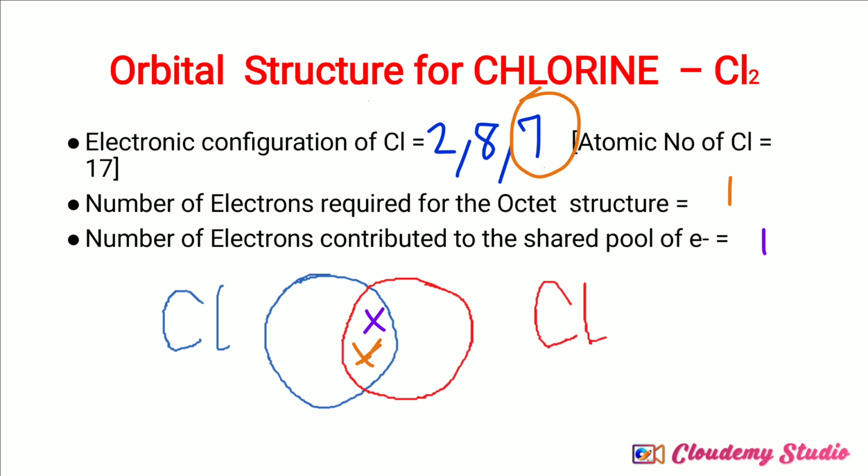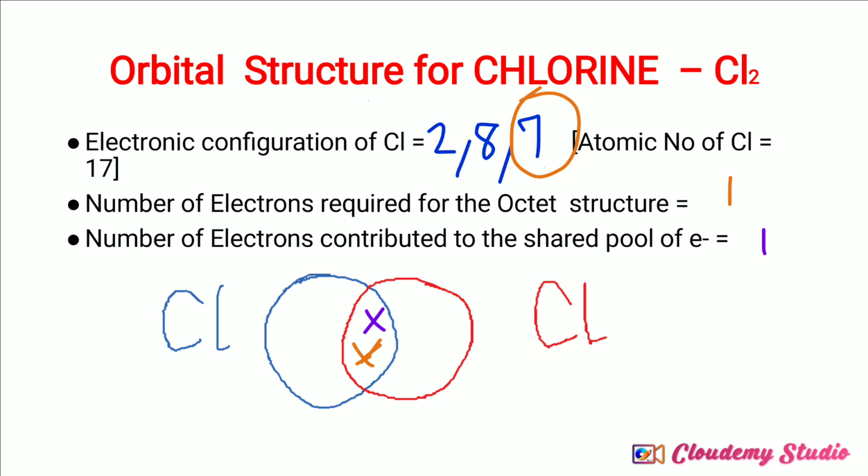So after finishing the shared pool of electrons, now we need to mention only the remaining electrons in the outermost shell. As per the electronic configuration, we know that chlorine has 7 electrons at the outermost shell. So the left hand side, the blue color chlorine atom, has 7 electrons at the outermost shell. Out of those 7 electrons, already 1 electron was filled at the shared pool.